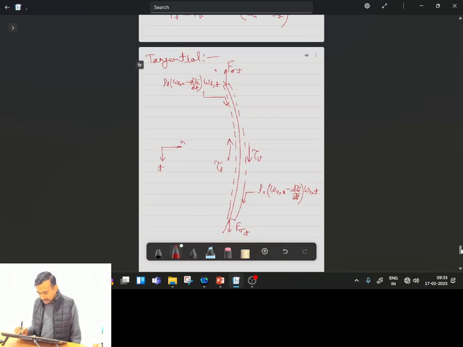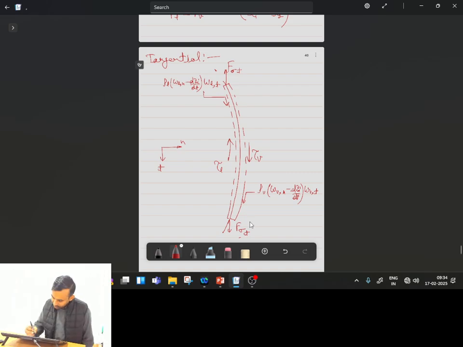Now comes one important thing. If this is the interface, with this F sigma t and this F sigma t, and we assume that surface tension over the complete interface is constant, then the contribution of the two F sigma t terms will be zero, because they balance each other.